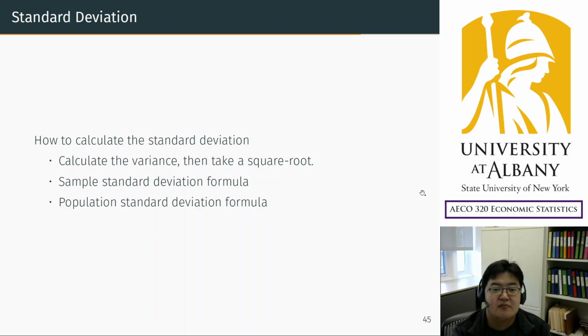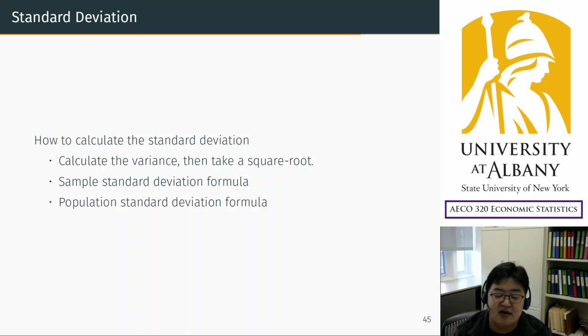So simply speaking, how do we calculate the standard deviation? First, calculate the variance, and then take the square root. That's it. If you ask how to calculate the variance, look at the previous slides, and then you will know how. By the way, the standard deviation also has two different formulas: the sample standard deviation formula and the population standard deviation formula.